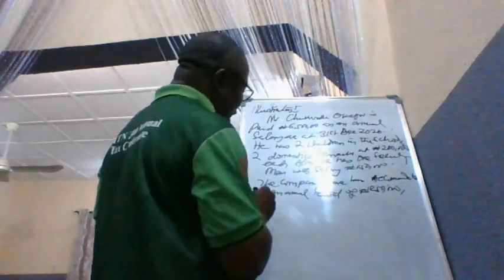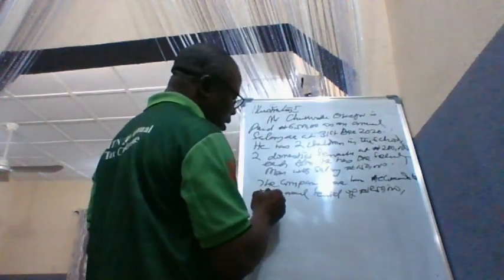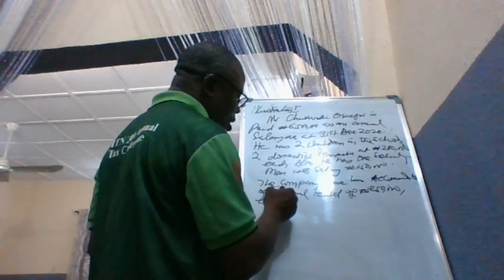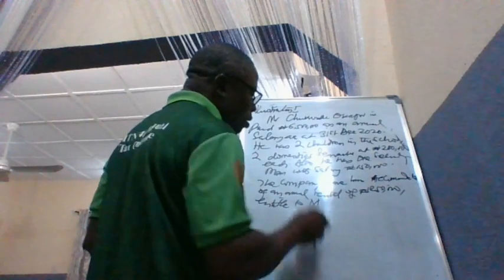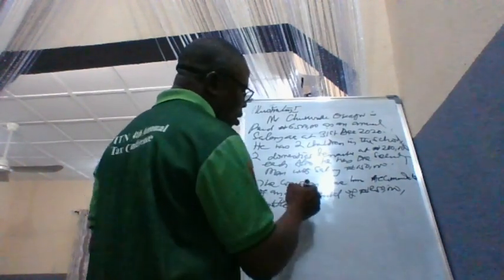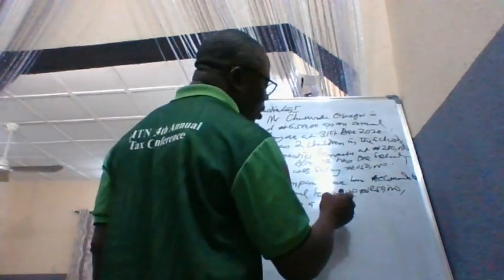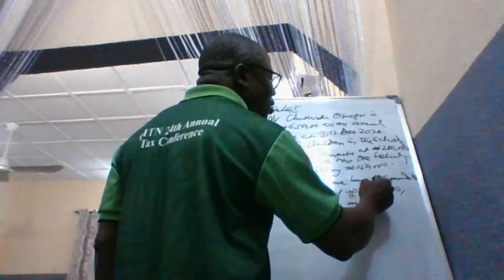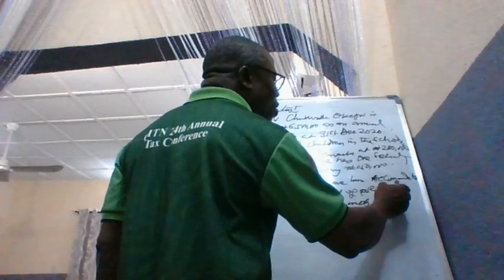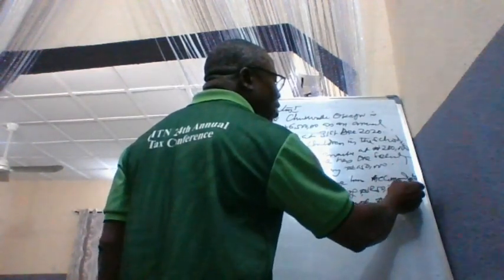Chukwudi is also entitled to a car worth 3,400,000 naira.